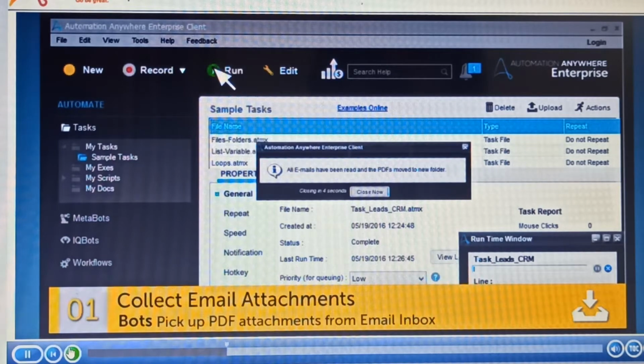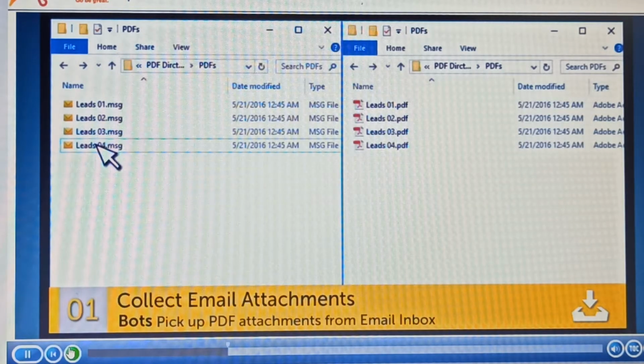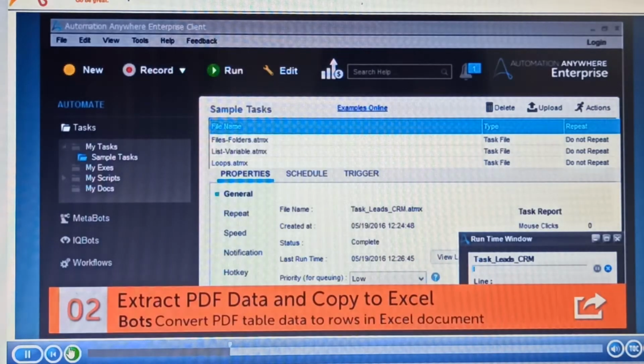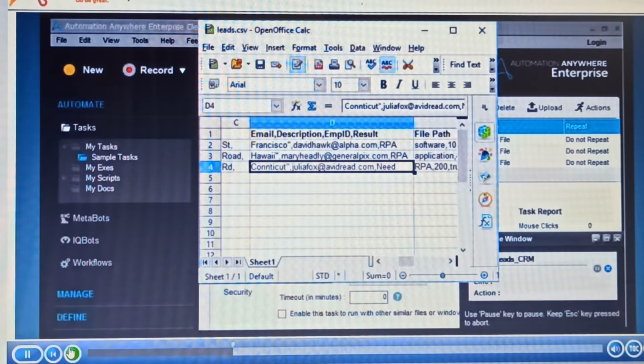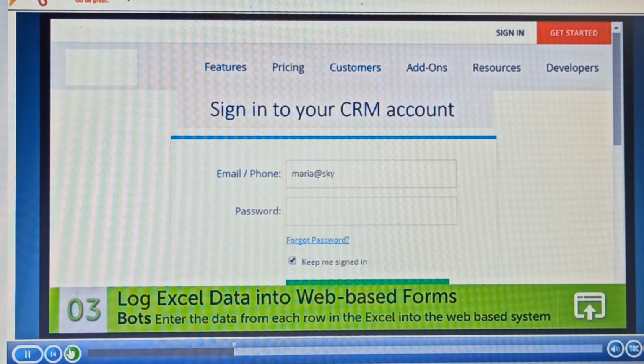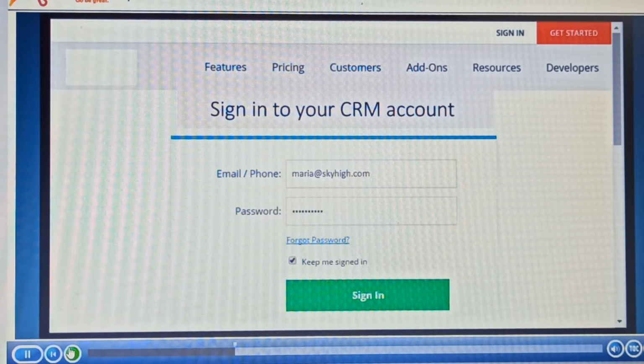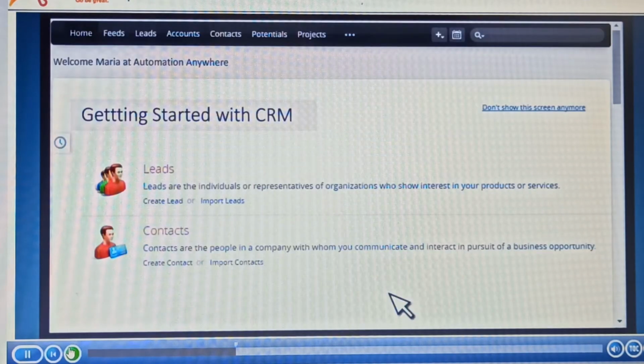Saving the PDF attachments into a separate folder? Done. Extracting data from PDF files and consolidating them in an Excel file? Done too. It can even automatically sign into the web-based CRM.